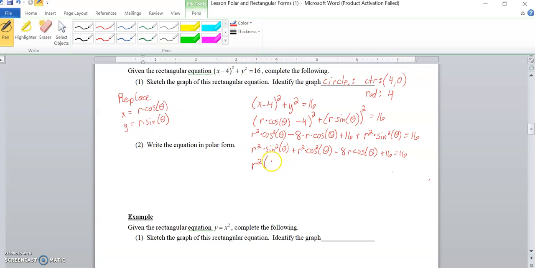I can write those first two terms as r squared times the quantity sine squared theta plus cosine squared theta, minus 8r cosine theta, plus 16 equals 16. I'm going to subtract 16 from both sides in the same line, so it equals 0. I also see r squared is multiplied by this Pythagorean identity, so it's really just r squared times 1 minus 8r cosine theta, and that equals 0.